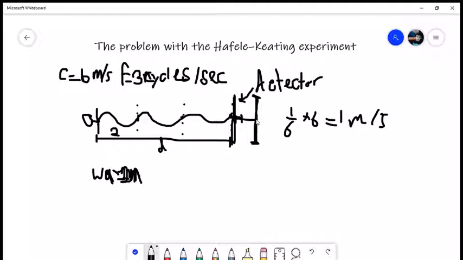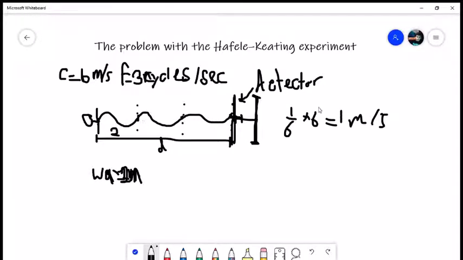To find that, we will say that the difference between the distances that this point moves and the detector moves must be 6, because this point would have moved some distance and the detector would have moved some distance. So the difference between them originally is 6.